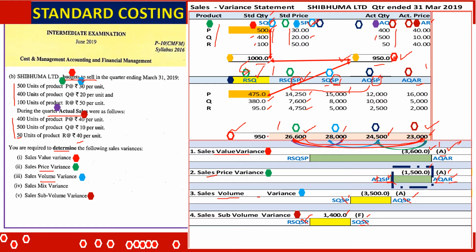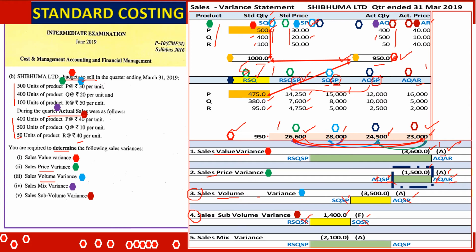And as we see here now, there is one item called sales mix. Sales mix is talking of sales volume and sales sub-volume both put together.